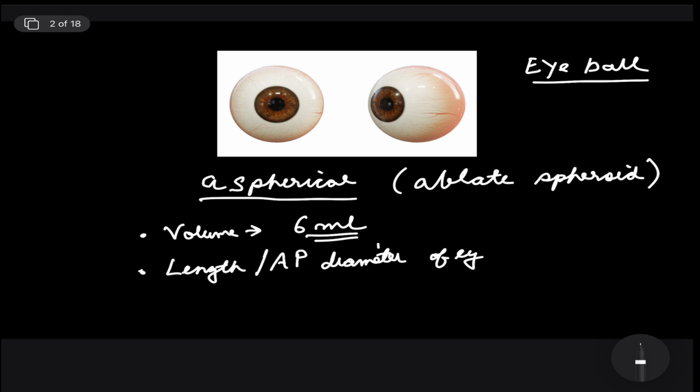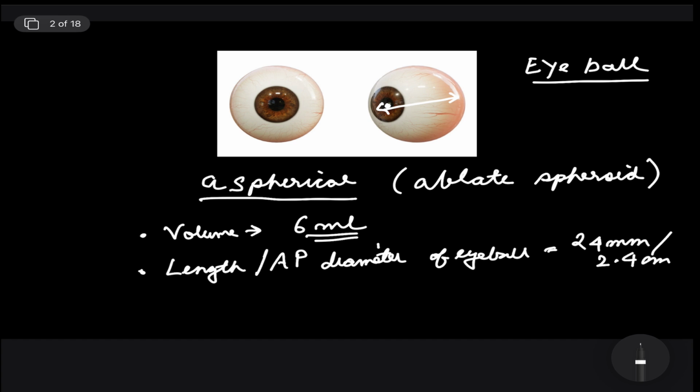What does that mean? Anteroposterior diameter means that if I were to measure the length of the eyeball from its most anterior point to its most posterior point, then what will be the length of it? Well, that will be approximately 24 millimeters or 2.4 centimeters.